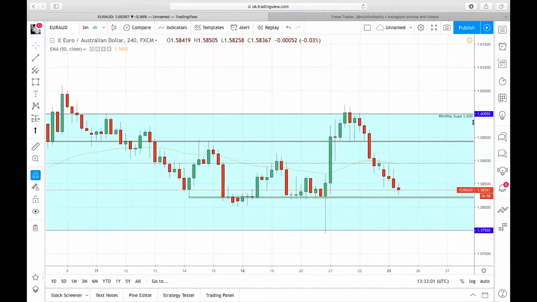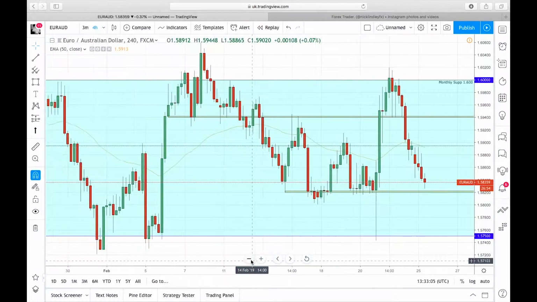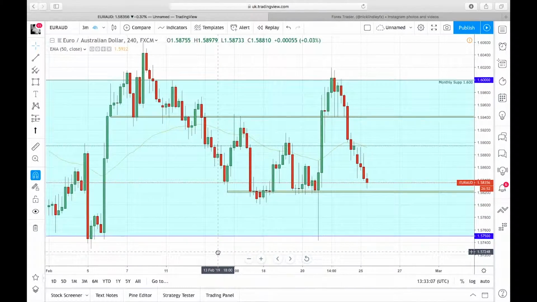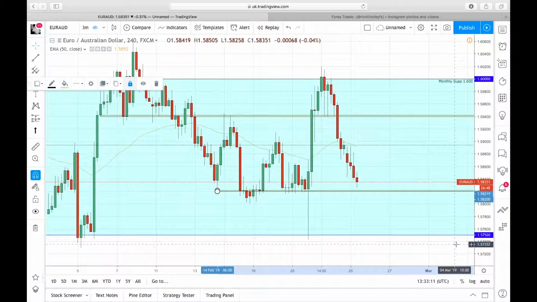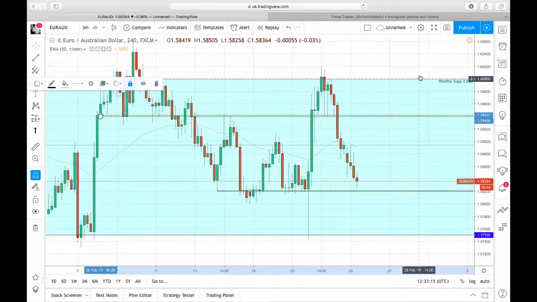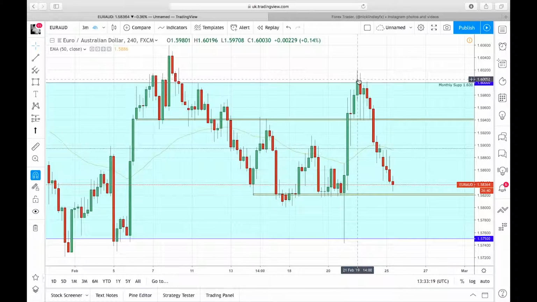Heading even further onto the lower time frames, we have the 4-hour time frame. I've marked on two short-term areas of interest, one at 1.58200s and the other at 1.59400s. Price has currently, since the market opened, been in a huge decline.